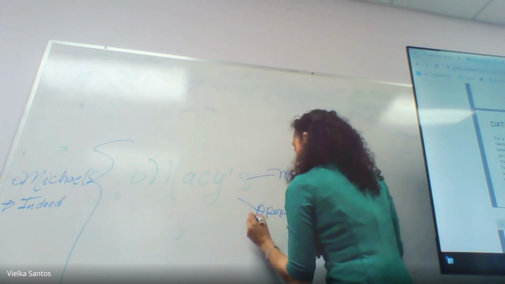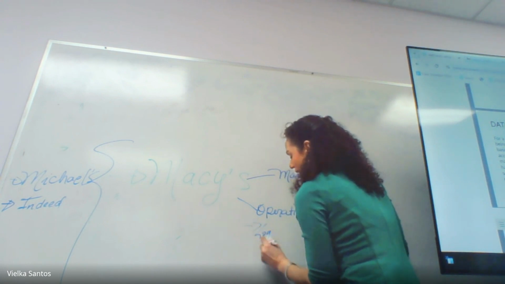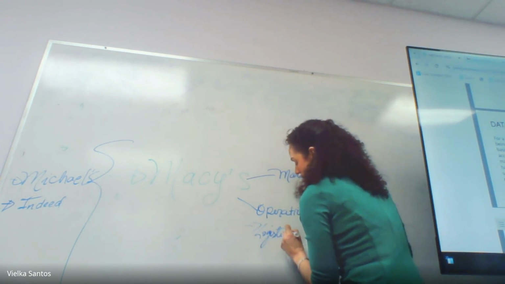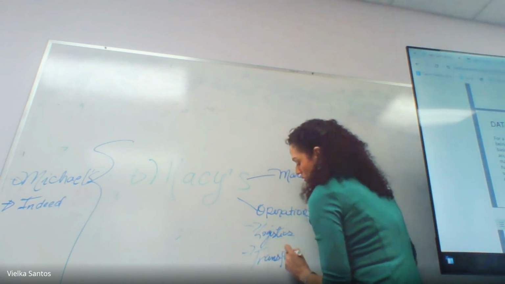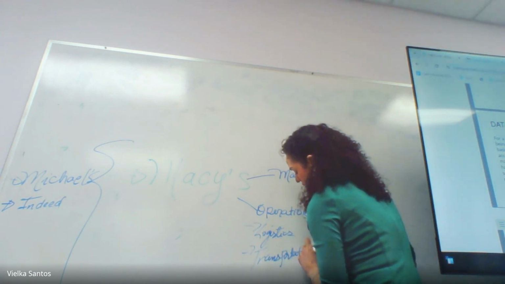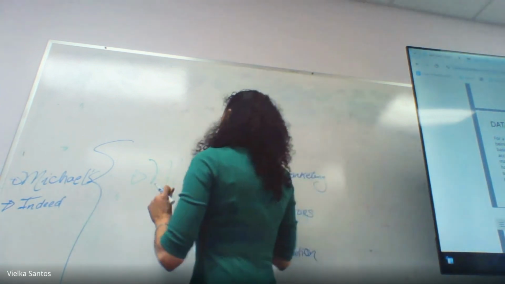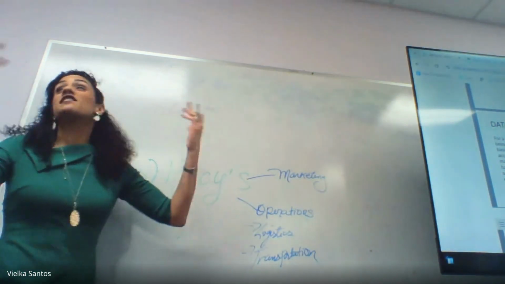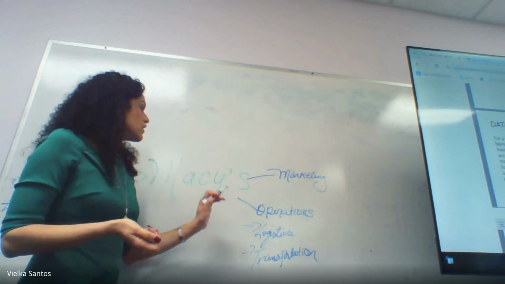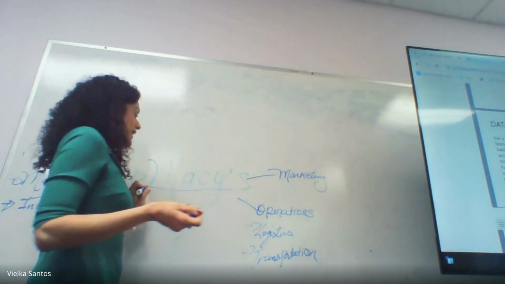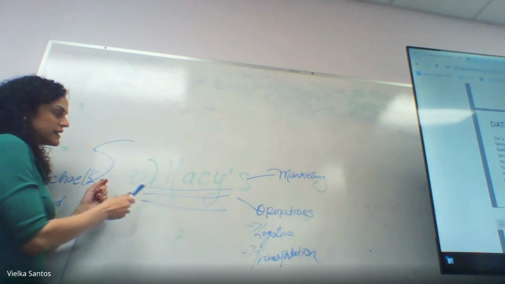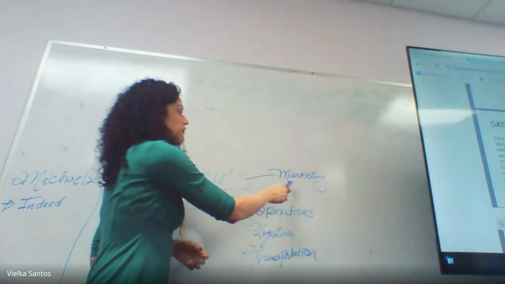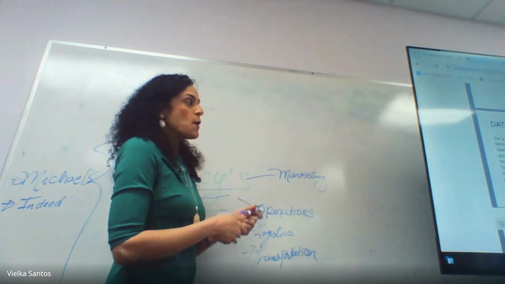Operations, when we talk about operation, logistic, transportation, basically to deliver the product to the customer, to distribute the product, right? Do you think a company like Macy's, an organization this size, will use the same database for marketing purpose?